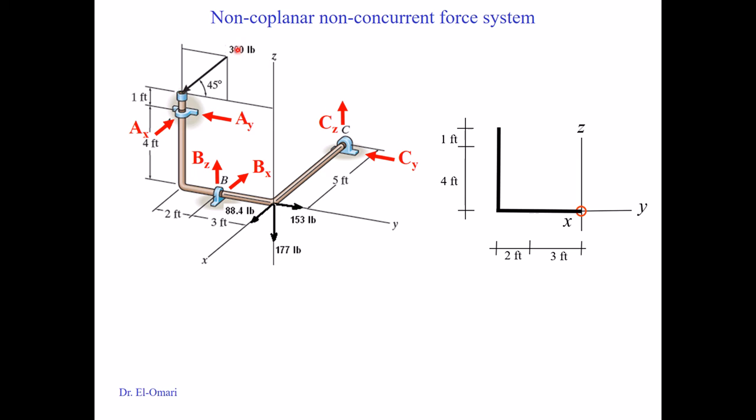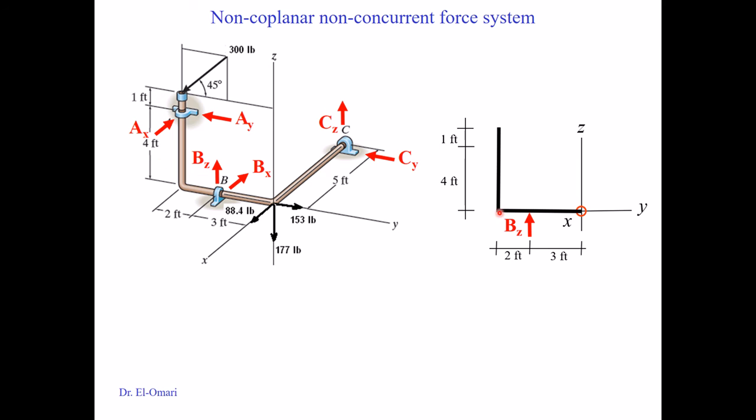If you look at this 300 and you're talking about rotating about the x-axis, so obviously you have this 300. This 300 will rotate about both axes, but if you look at the BZ, which rotates, BX is parallel, so it's not rotating.